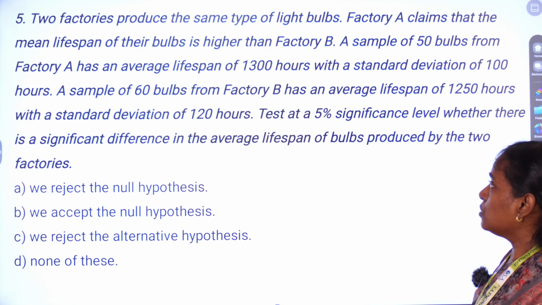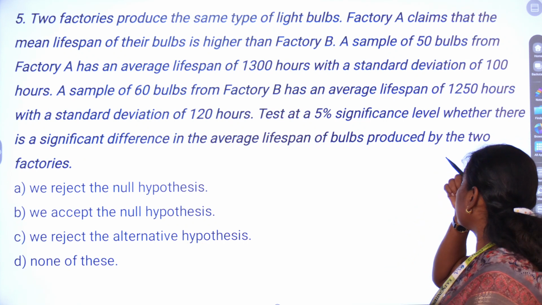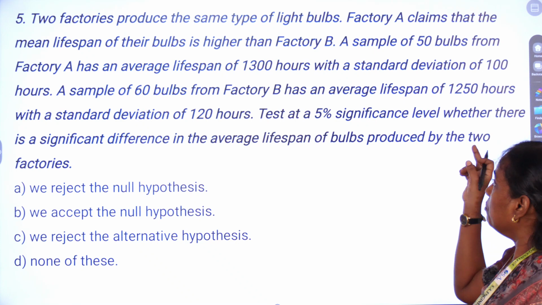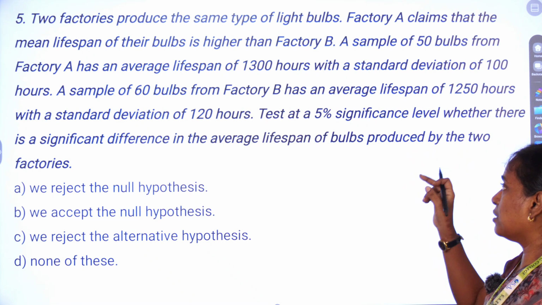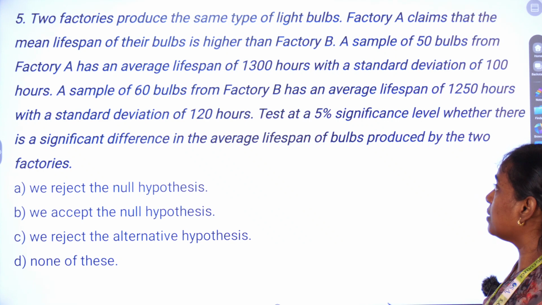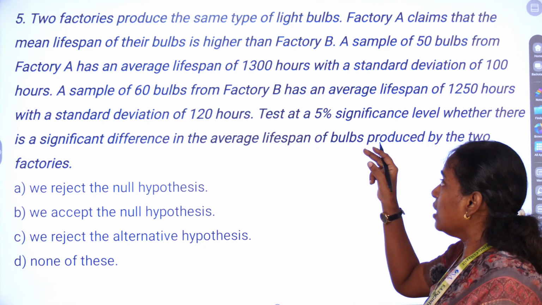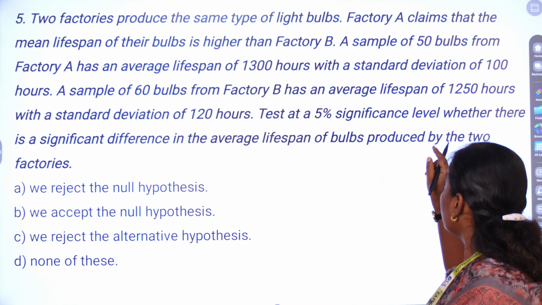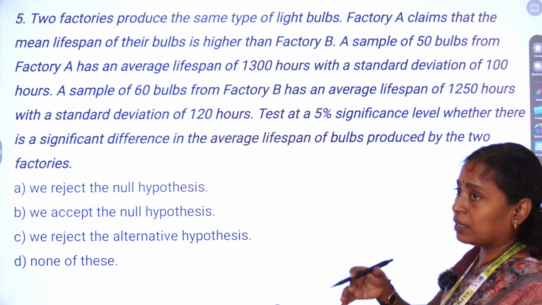The next question is, two factories produce the same type of light bulbs. Factory A claims that the mean life of their bulb is higher than factory B. First, you have to pick out what is there in the question. You are considering two factories, factory A and factory B, and we are comparing.